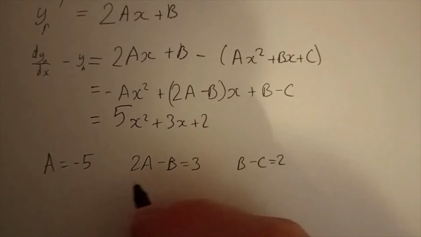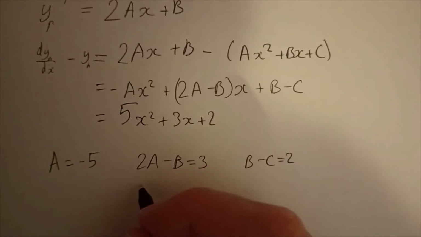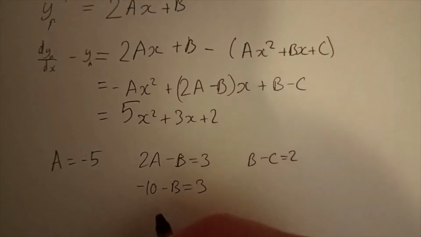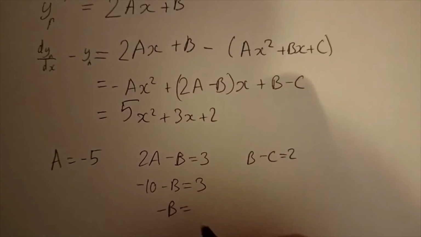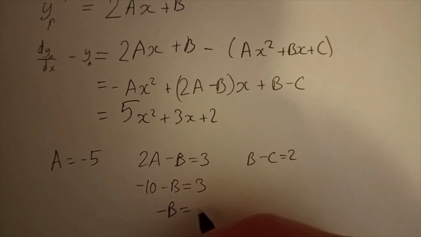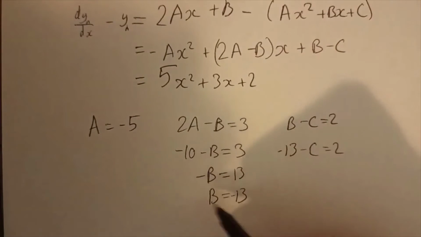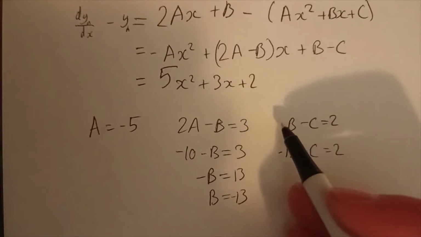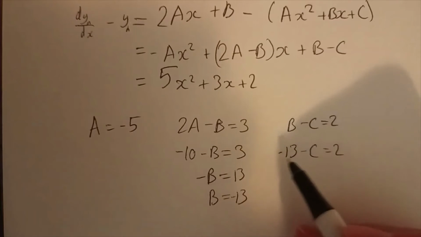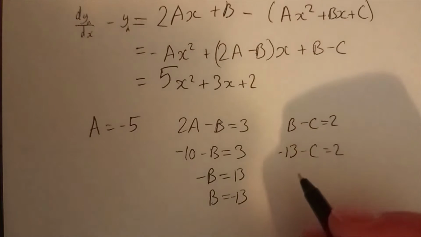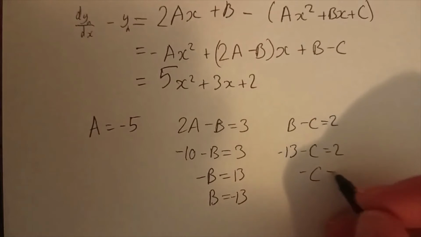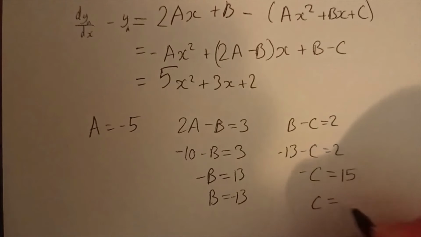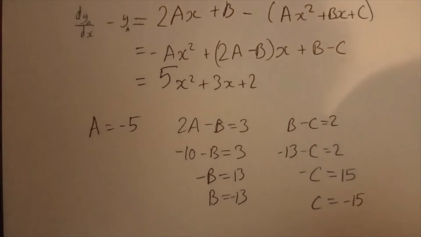So we already know that a equals -5, so therefore -10 minus b equals 3, so b equals -13, and therefore if we substitute in that -13 here, we get -13 take c equals 2, so minus c equals 15, and therefore c equals -15.